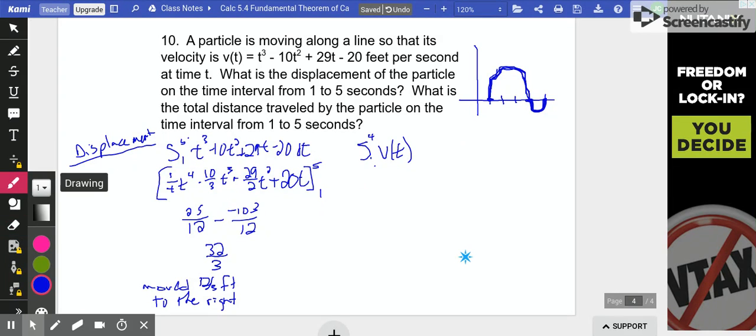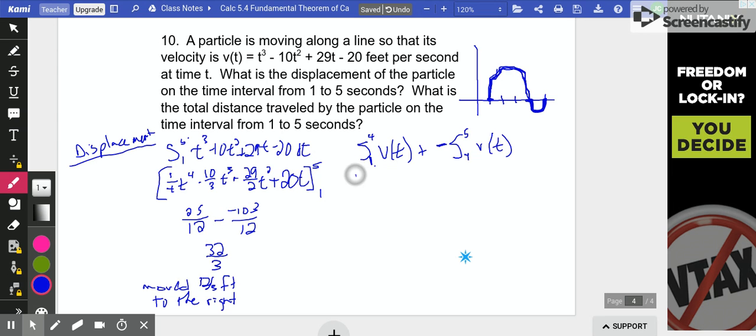And then we want to add the distance from 4 to 5 of v of t. Now, that is going to be a negative number, so we're going to have to change the sign on it. Okay, so this is what we're going to end up doing. Basically, we're going to take the antiderivative of velocity from 1 to 4 and then subtract from 4 to 5.